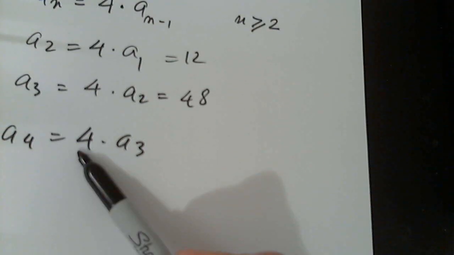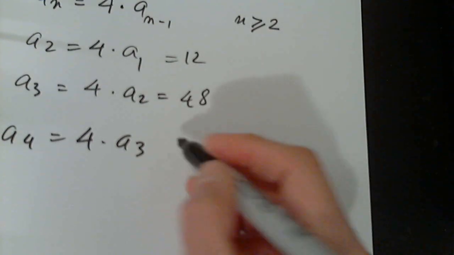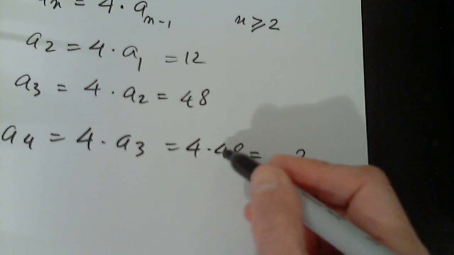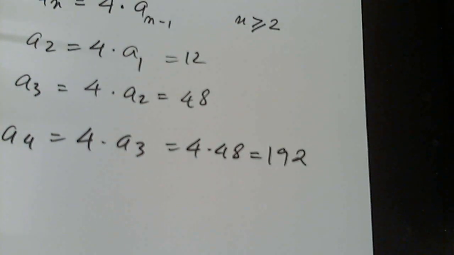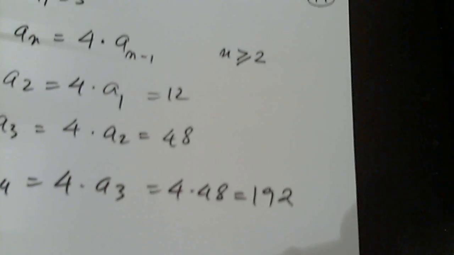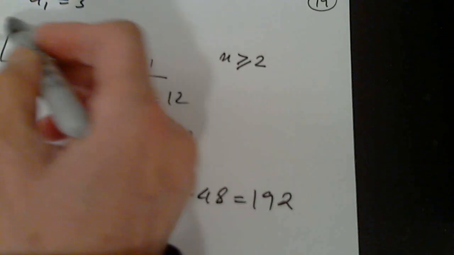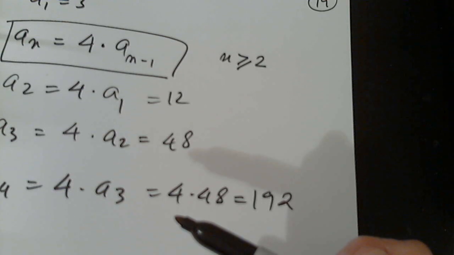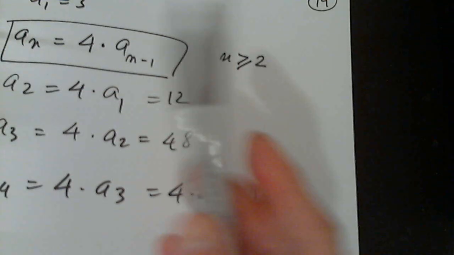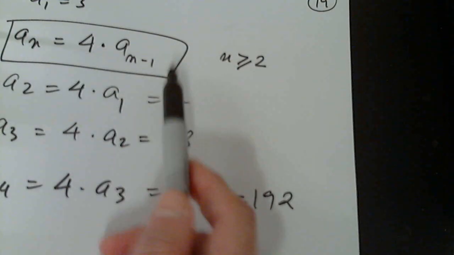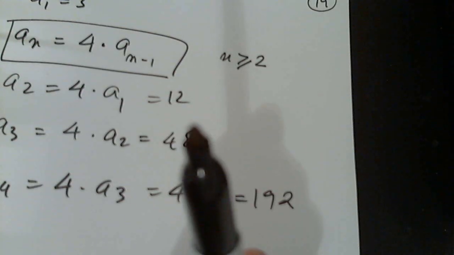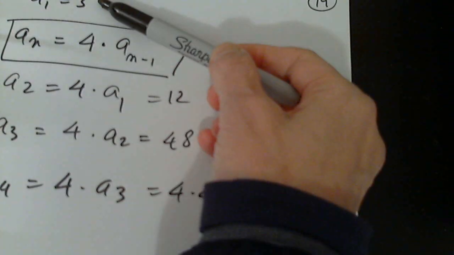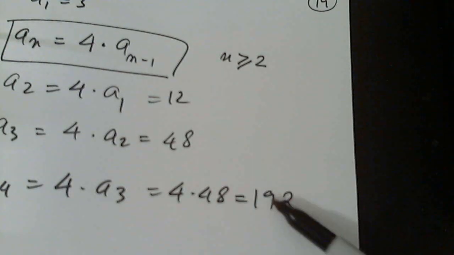A sub 4 is 4 times the previous term. So this is 4 times 48. What are the terms of this sequence given to us as a recursive formula? It's not clean cut. It's just a relationship based on the previous term. What are the first 4 terms? 3, 12, 48, 192.